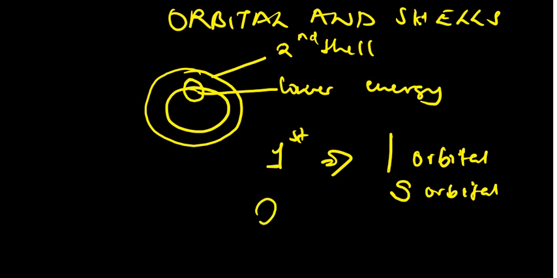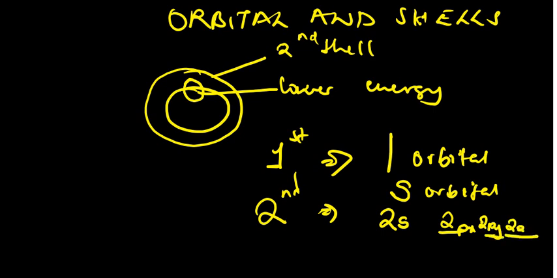In the second shell you find 3 orbitals. Okay, so in the second shell we'll have 2s, which is the lowest orbital. Actually, in the second shell we'll have 4 orbitals, because we have 2s and 2px, 2py, 2pz.